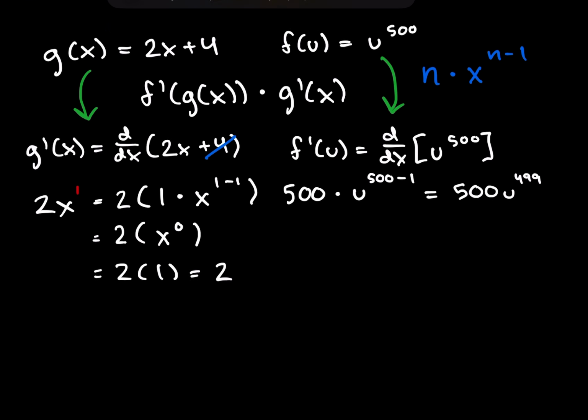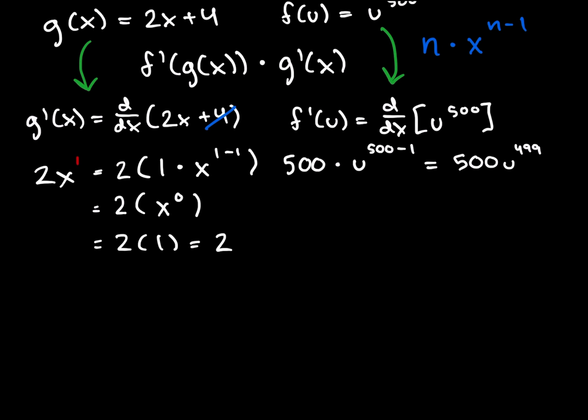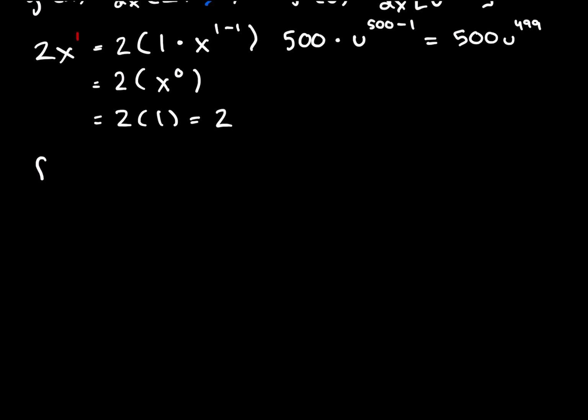So let's rewrite all of this. F of u is equal to u to the 500th power. And we found that f prime of u, or the derivative of u, is equal to 500 times u to the 499th power.